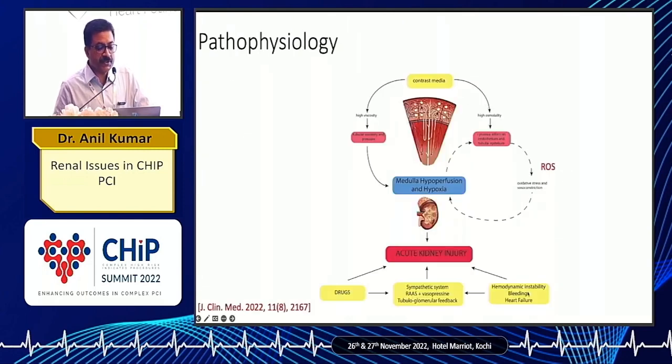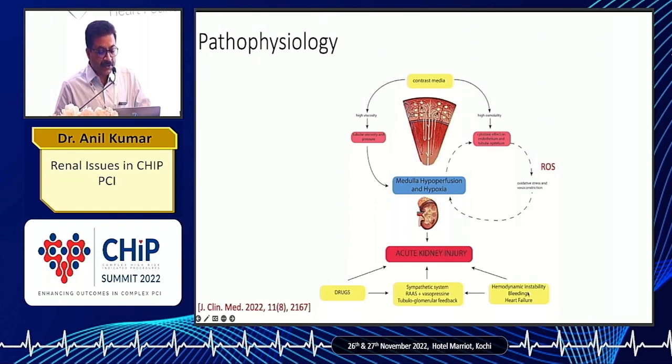This shows the pathophysiology. Contrast media is directly toxic to the tubular epithelial cells. High osmolar contrast media is the most important. It gives rise to reactive oxygen species, and these reactive oxygen species produce vasoconstriction, leading on to hypoperfusion of the medulla. The isoosmolar contrast media also lead to medullary hypoperfusion.